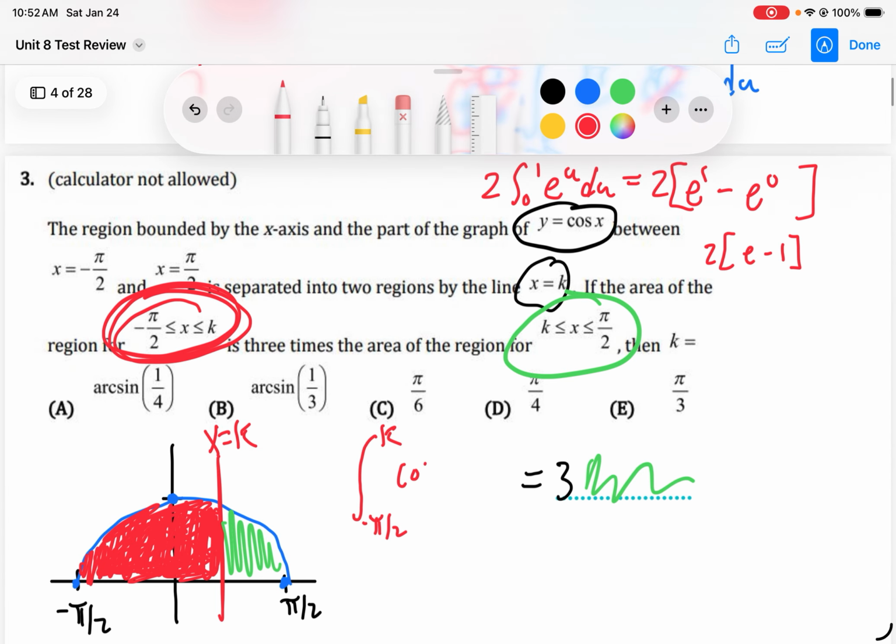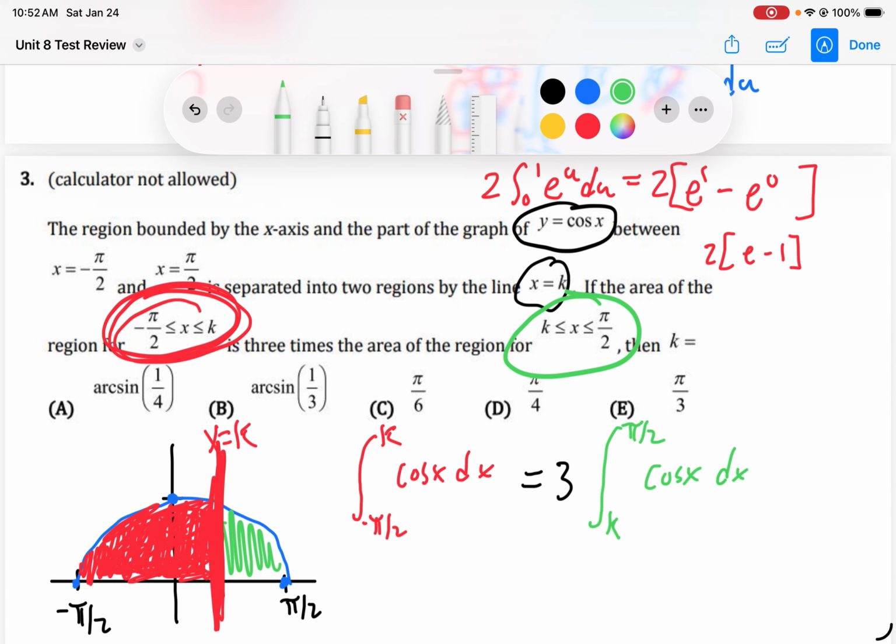Cosine of x. That would be equal to that, right? And k is just some limit of integration. It's some number here. If we don't know what it is, we can still find it. And the green area would be the integral from k to pi over 2 of cosine of x dx.